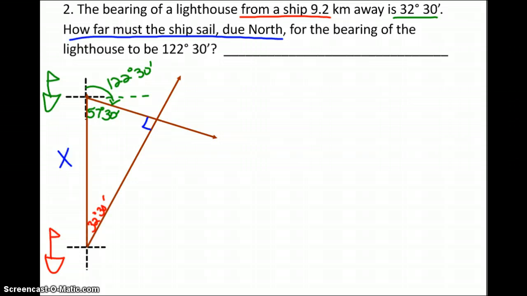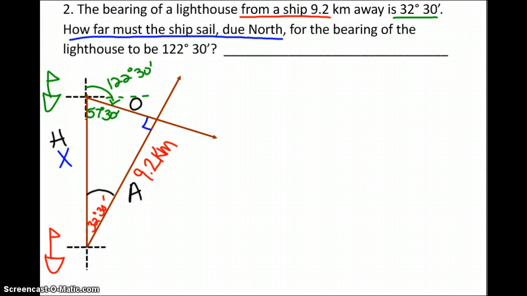If I use a 32 degree 30 minute reference angle, this is my hypotenuse, this is my adjacent, and this is my opposite. The one piece of information that I haven't used yet is that the ship is 9.2 kilometers away from the lighthouse when it starts. So that would be here.